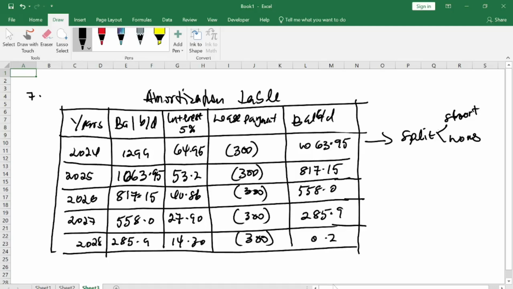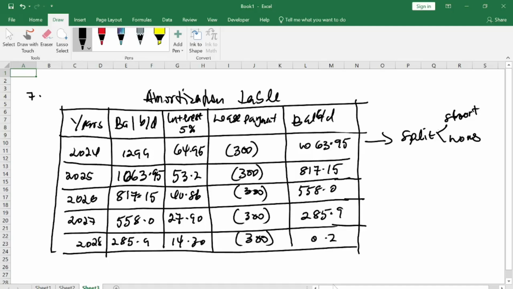So when you pick 1,063.95 as your long-term liability, it means that you didn't split the short-term liability from it. The reason why they pick 817 points as your long-term liability is that we then deduct the short-term liability from 1,063.